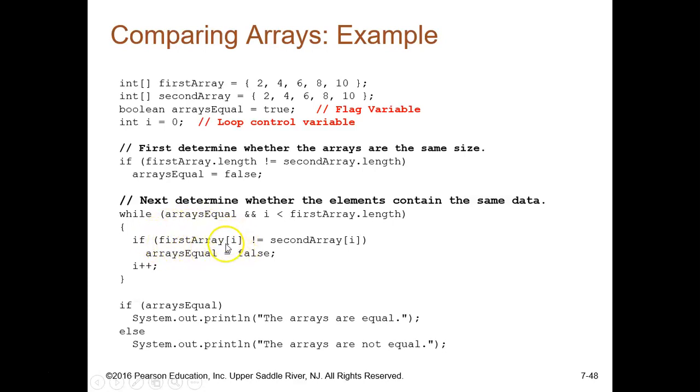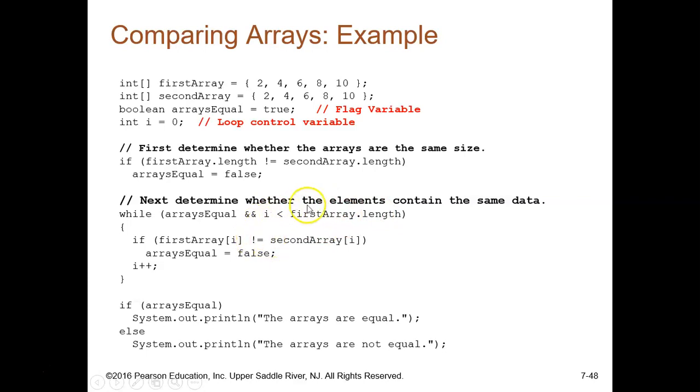If first array sub I, that's the first element in first array, so that would be a 2, is not equal to the second array, the first element, which is also a 2. So if 2 is not equal to 2, which that would be false, it'll kick out and come down and increase the index and then run back through and make sure that this is true again.